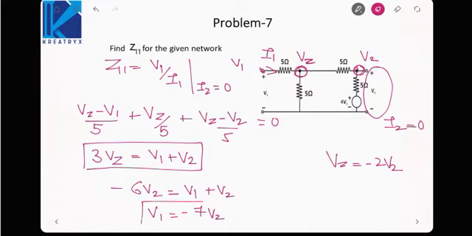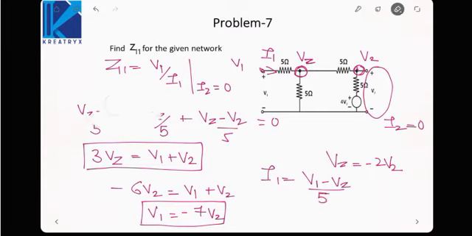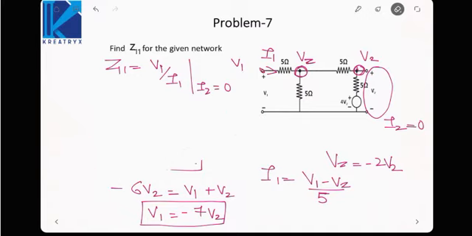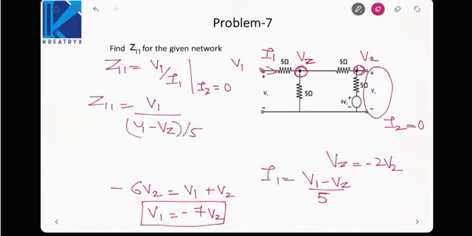Okay. Now if you want to calculate the current I1, I1 is actually equal to V1 minus Vz by 5. So what about Z11? Then Z11 can be written as V1 over V1 minus Vz by 5.